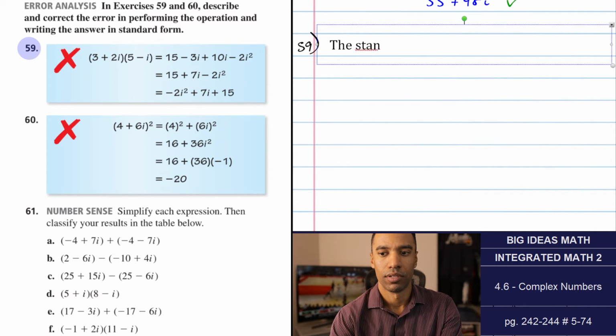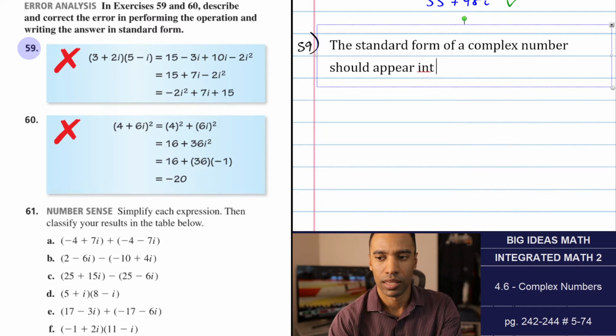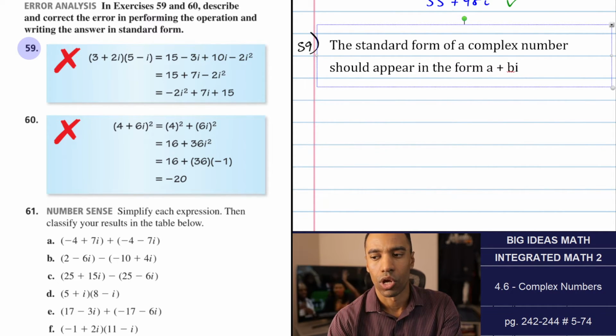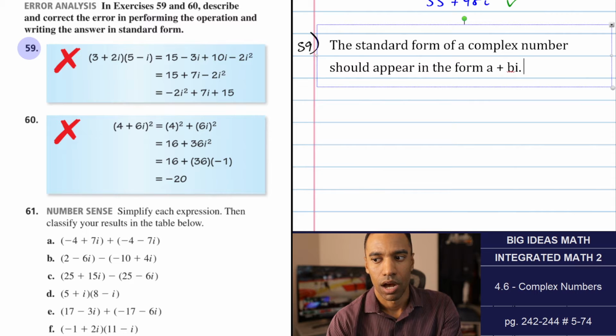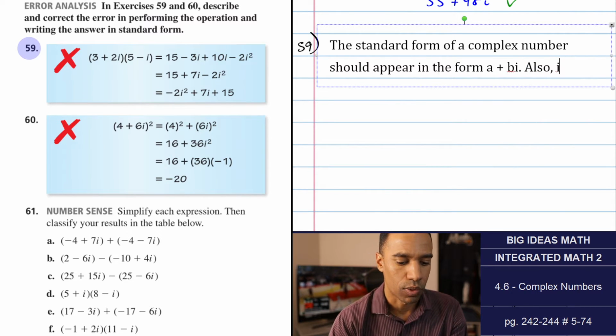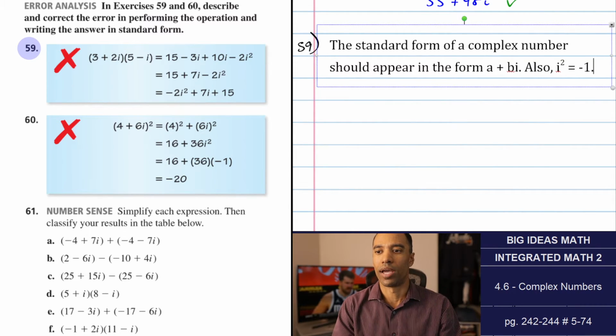Standard form of a complex number should appear in the form a plus bi. So only 2 numbers, and the i part second. Also, i squared is negative 1, so we have to work that part out.